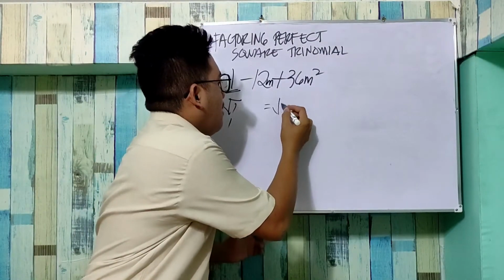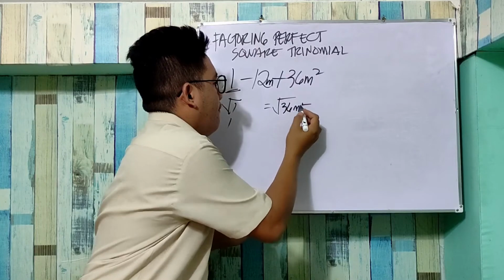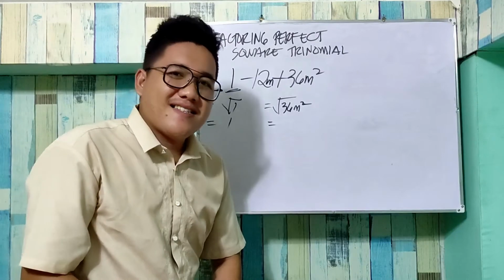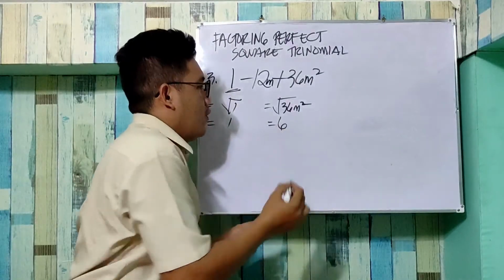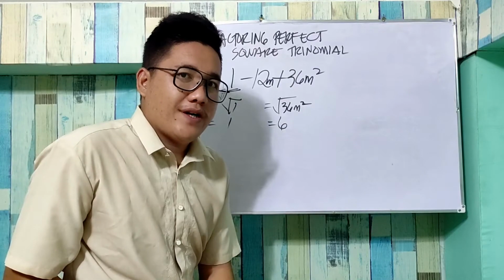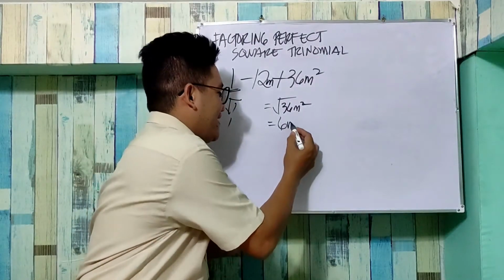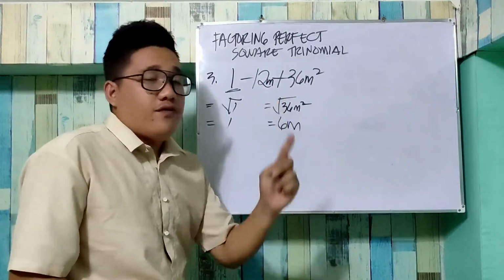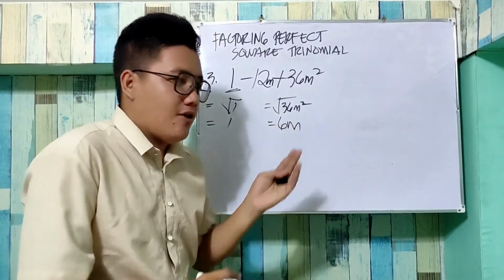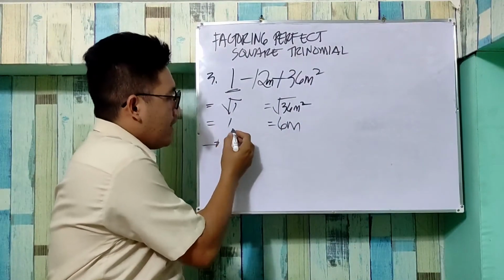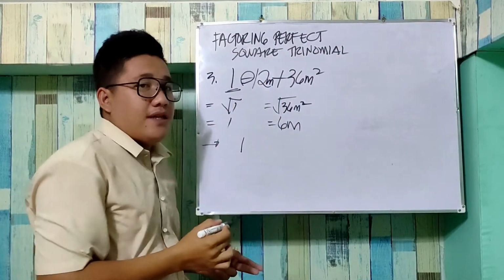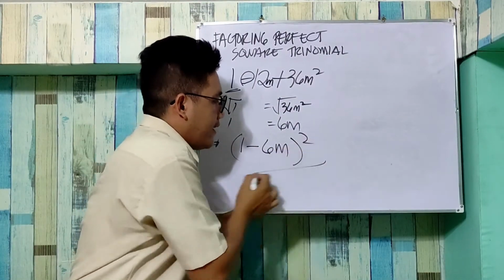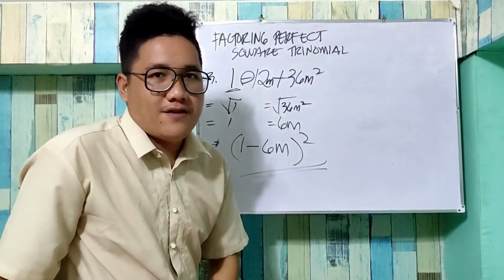How about square root of 36m squared? What is the square root of 36? Okay, 6. 6 times 6, 36. What is the square root of m squared? M, of course. So, 1 times 6m, that is 6m. 6m times 2, 12m. Ibig sabihin, perfect square trinomial. So, meron tayong sagot. So, we have 1, middle term sign, negative, 6m. We're going to square. So, this is now the answer.